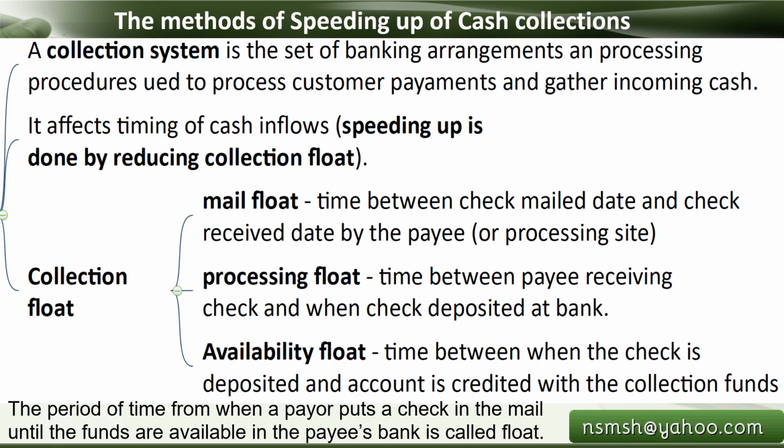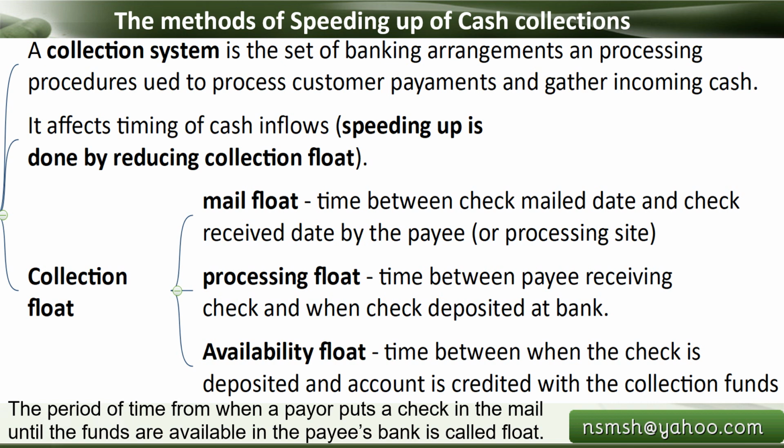The methods of speeding up of cash collections. Because if the speed of cash collections improves, then the cash inflow will be good and the operating cycle will be faster. A collection system is the set of banking arrangements and processing procedures used to process customer payments and gather incoming cash.